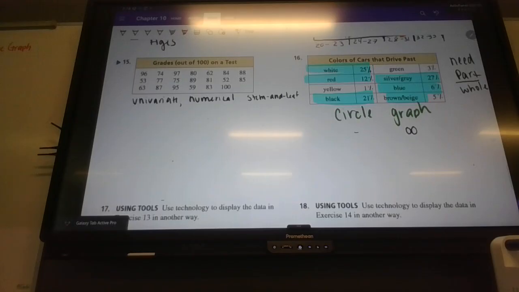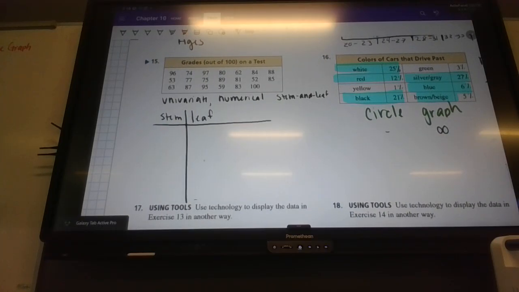All right, so we got our stem. It's like a chart, and then we got our leaf, and the stem is the tens digits and the leaf is the ones digits.